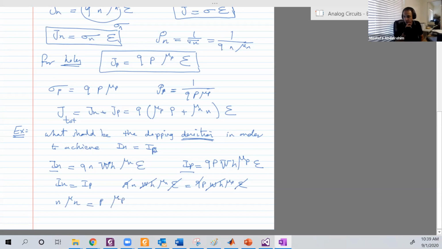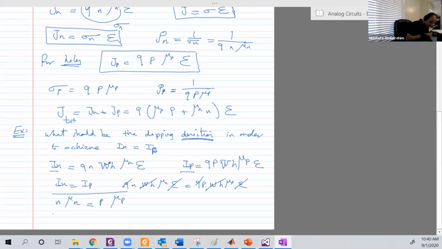Now let's go back to the question. What is the required doping density? Here the sample is a little bit different. We are going to dope the silicon with both phosphorus and boron, to have a mix of N-type and P-type material. In that case, it's not exactly N-type and not exactly P-type.